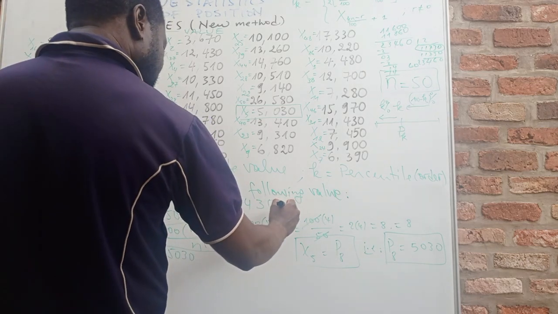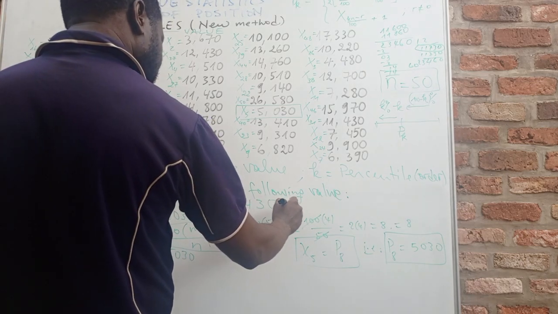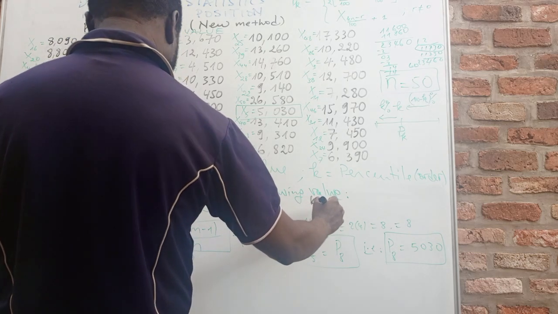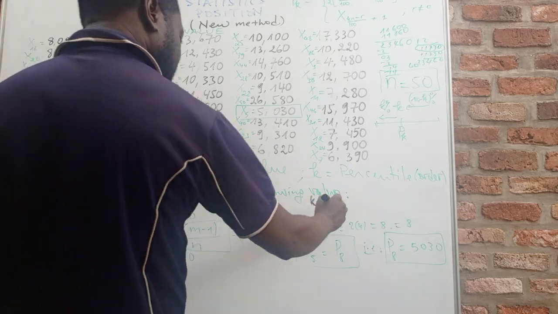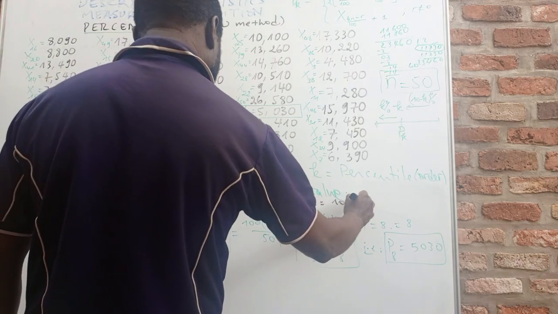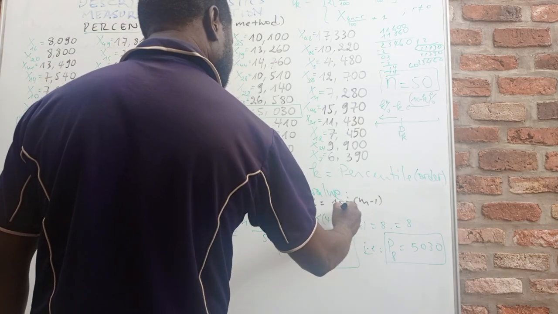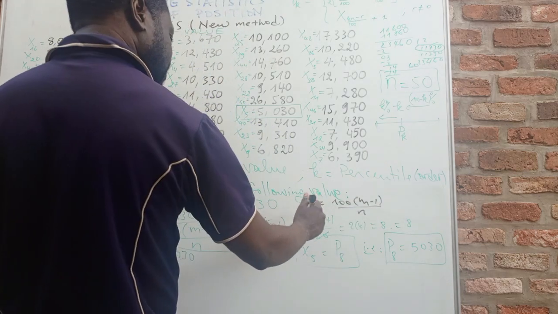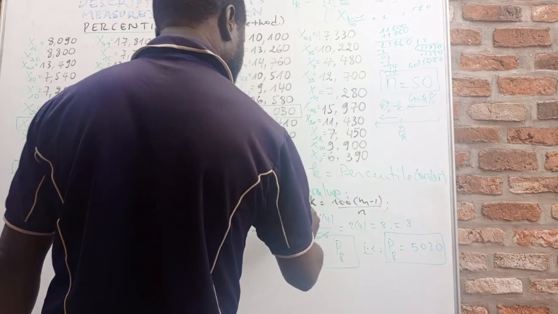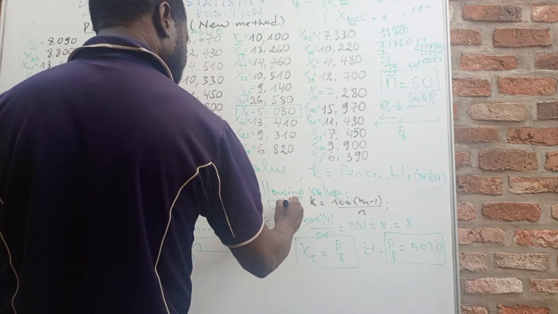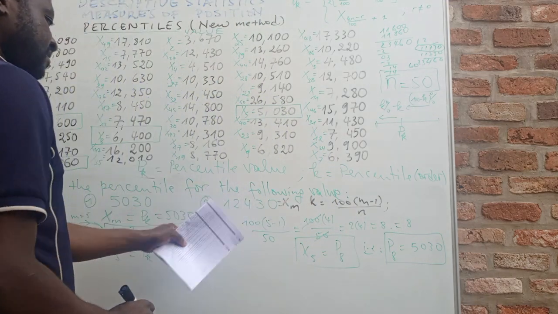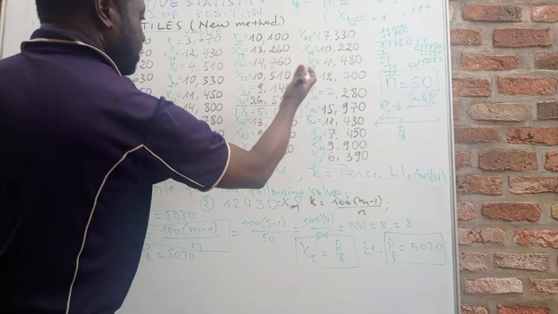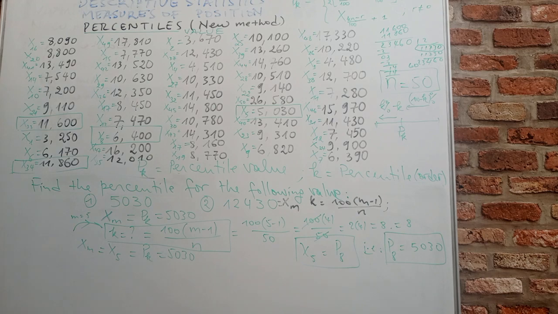So we have to look for k again, which is equal to 100 times (m minus 1) over n. So what is m? This m is the index for this value. So we look if it is here or in the middle of two consecutive values.